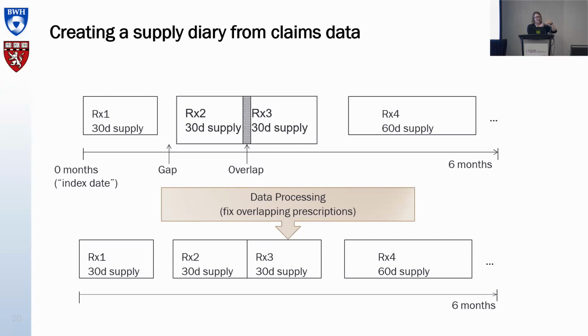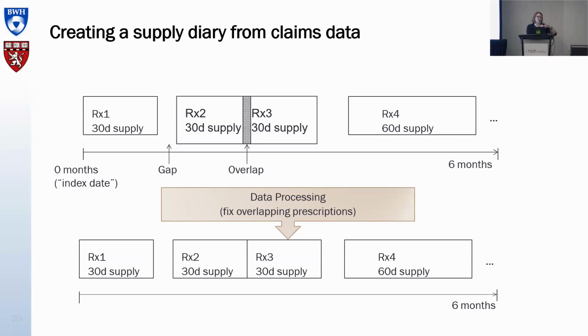And so we have several data processing steps where we're fixing the overlapping prescriptions and other things about the measurement period that we're interested in. So effectively we go shoop and set it so that prescription 3 is actually sitting right after prescription 2, even though there was an overlapping fill, because we assume that patients aren't taking 2 doses on the days that there was an overlap.